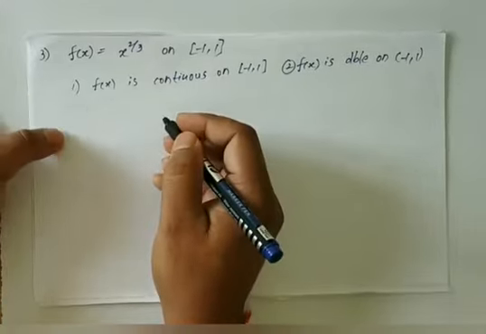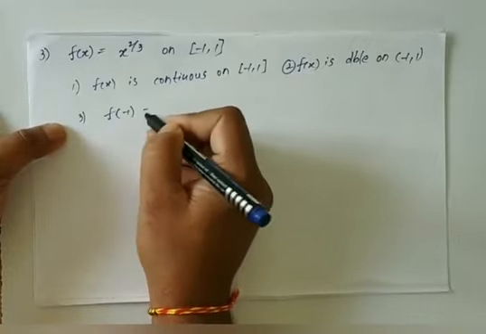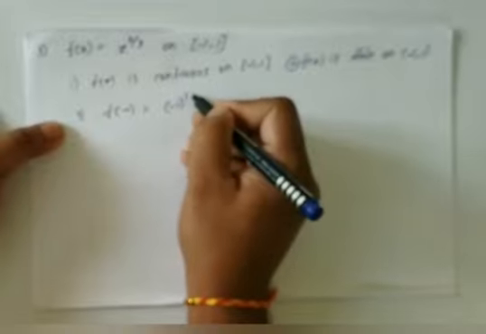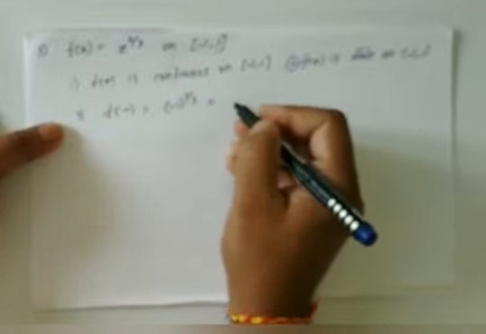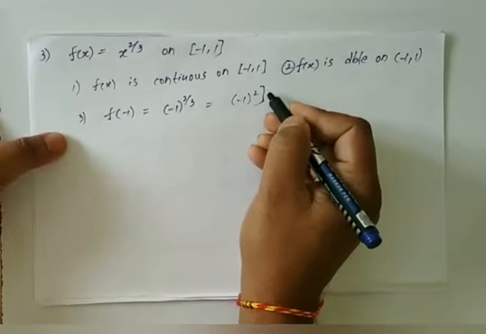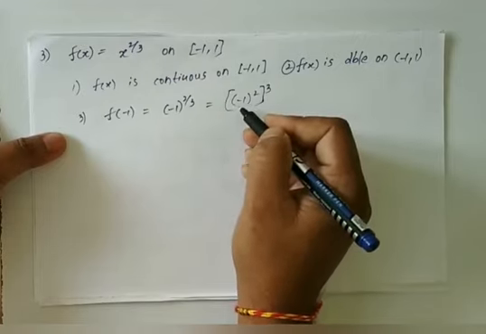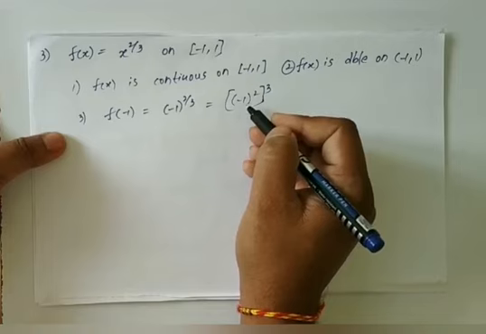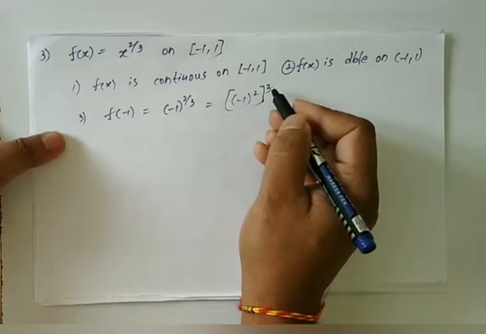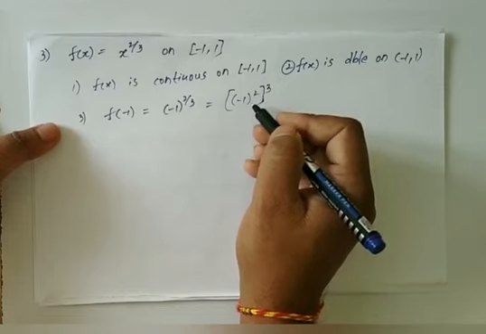Next, the third condition. f of minus 1 is nothing but minus 1 whole power 2 by 3, which can be written as minus 1 whole square, whole power 1 by 3.